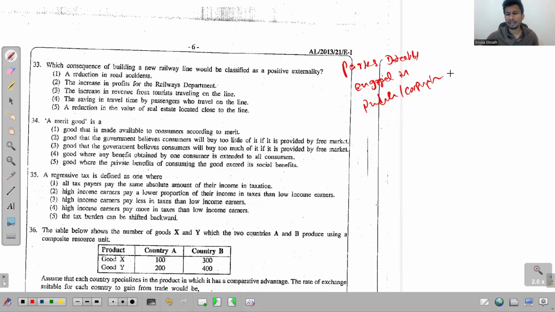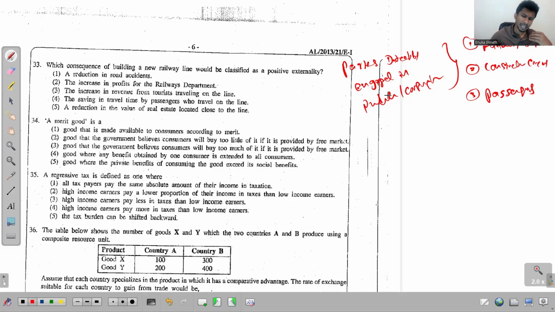So we can recognize one main party who's directly engaged in this is the railway department. And then the construction company, and also the passengers. Those are the ones who use this thing, right? So we take passengers. So these are the parties who get directly involved in this production or consumption activity.